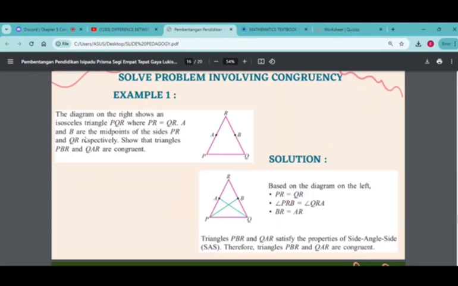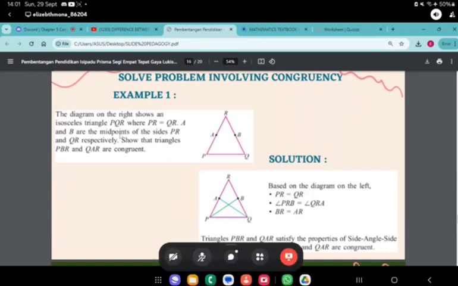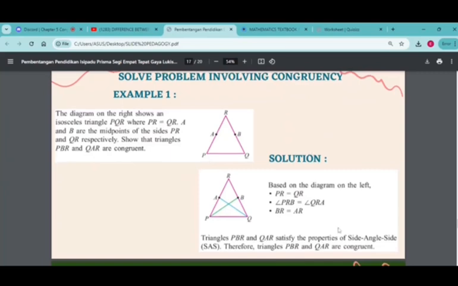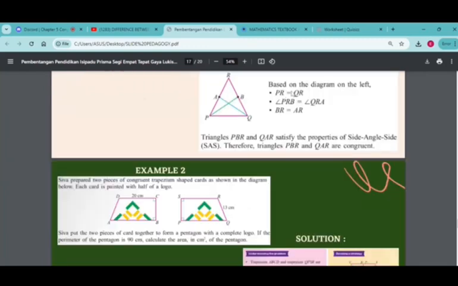A and B are the midpoints of the sides PR and QR respectively. Show that triangles PBR and QAR are congruent.